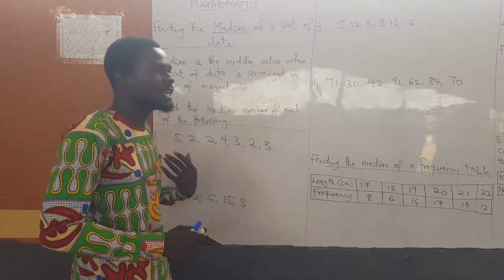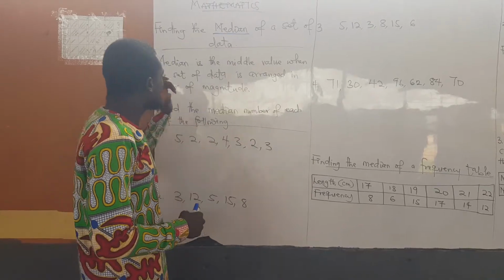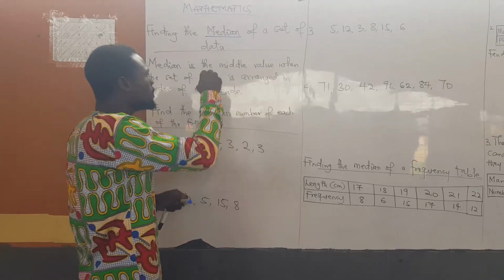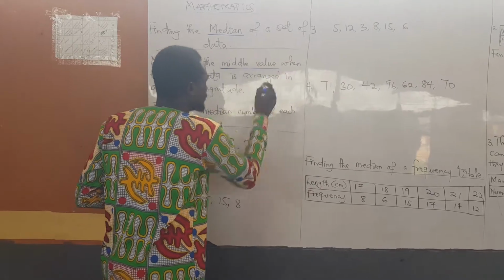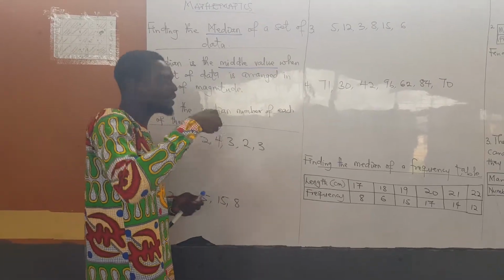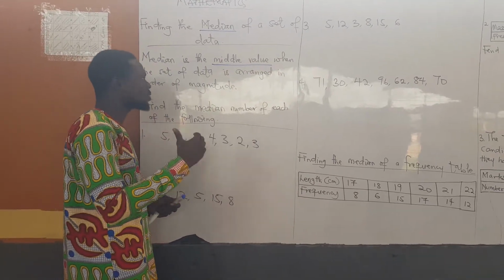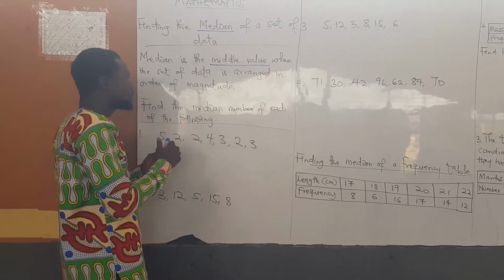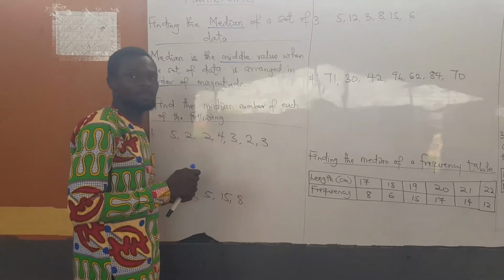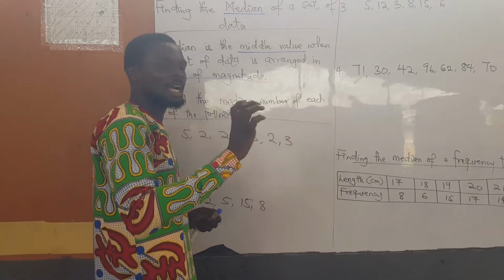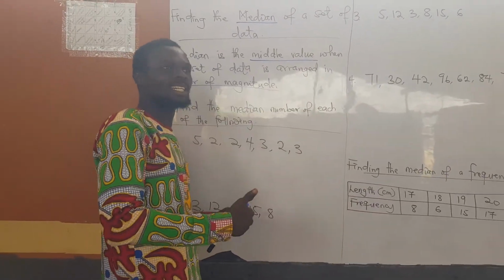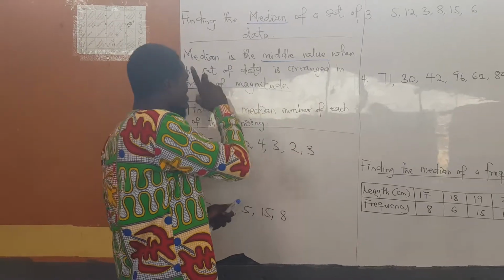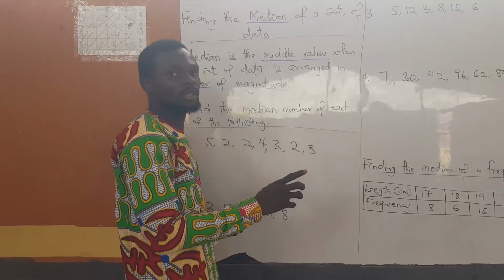And when we say median, what is median? Median is the middle value. The middle value when the set of data is arranged in order of magnitude. So the key words we have to note here: middle value, order of magnitude.